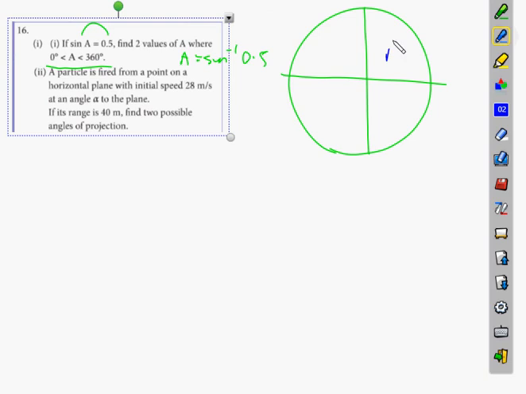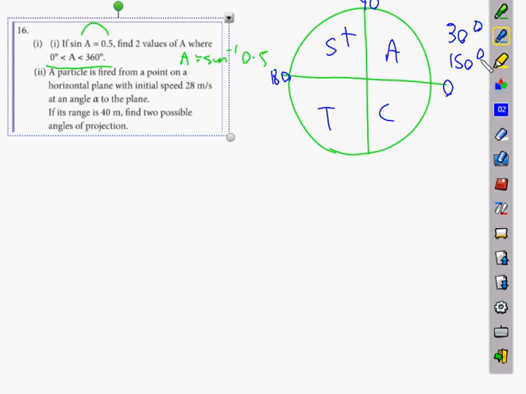Now, the problem with this is that there's two possible positions where this can be 0.5. Sine is also positive in what's called the second quadrant. So there's another answer that's not 30 degrees that lies between 90 and 180. Once again, you're probably only about 2 weeks away from doing this, okay? It'll be second nature to you by the end of it. So for the sake of it, the answer is 180 minus 30 is 150, okay?